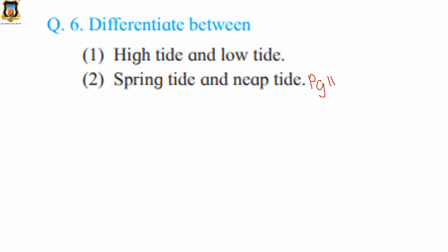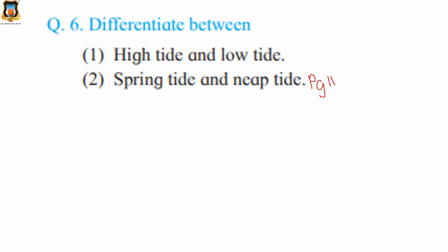Okay, class. So again, I'm repeating. Spring tide occurs on full moon and new moon days. Neap tide occurs on quarter moon days. One more point you can add. During spring tide, the total pull and recede of seawater is much higher than the average pull and recede.